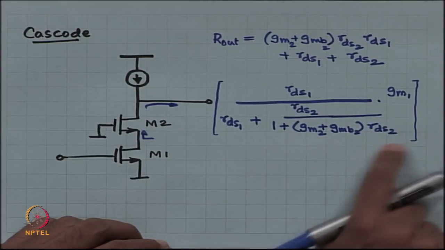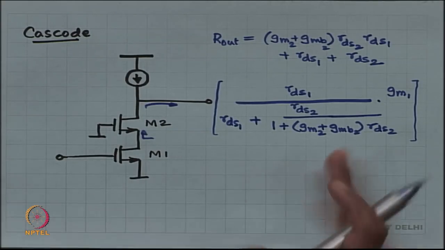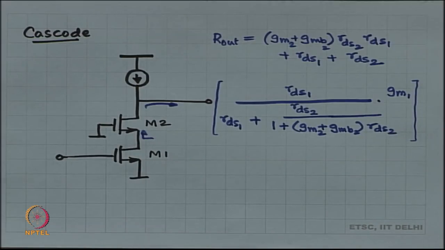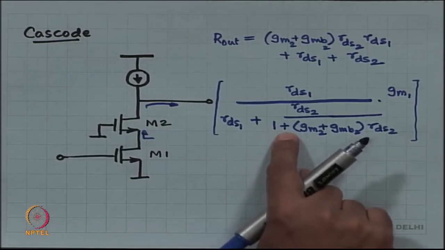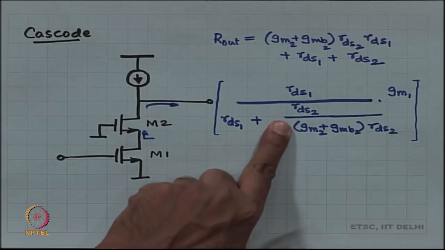Because 1 plus the intrinsic gain is more or less equal to the intrinsic gain. Hopefully you have biased the MOSFET correctly, in the flat region, which means that the intrinsic gain is some large number, 20, 40, 50, and therefore 1 plus that intrinsic gain is more or less equal to the intrinsic gain, which means you can ignore the 1.